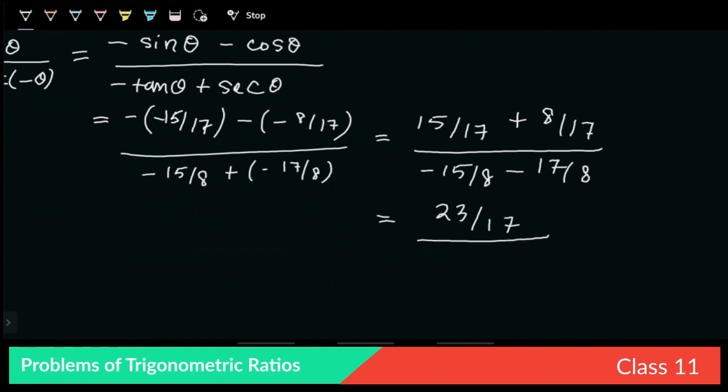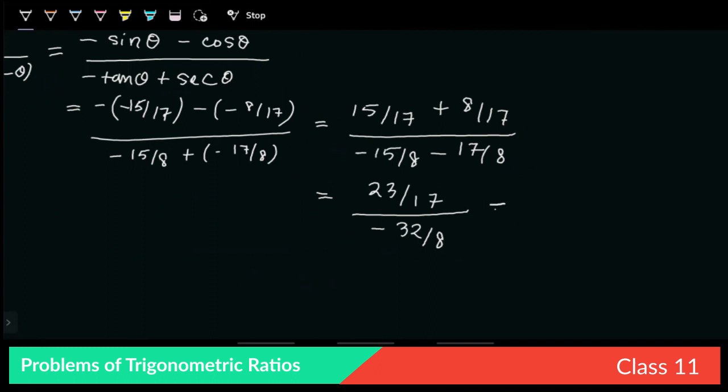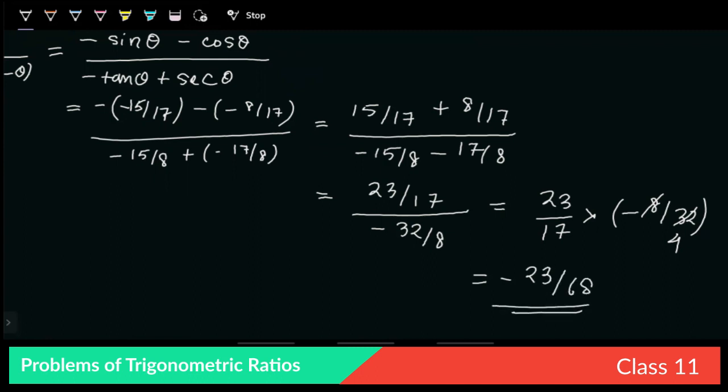In the denominator, it is minus 32 by 8. So what will it give? Let's see. It is 23 by 17 into minus 8 by 32. Okay, if I cancel this, it is 4. So the final answer is minus 23 by 17 into 4, which is 68. So our final answer is minus 23 by 68.